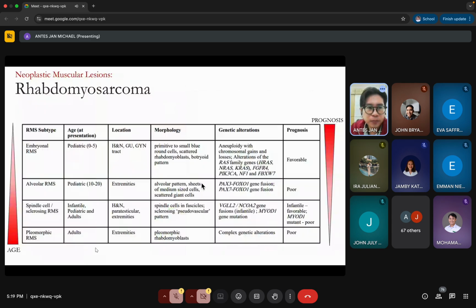Okay. Now here, since we have different subtypes, embryonal, alveolar, spindle, and pleomorphic, this is actually one of the mnemonics, so that I will remember easily what subtype and what is its age predilection and its prognosis. Just remember easy.